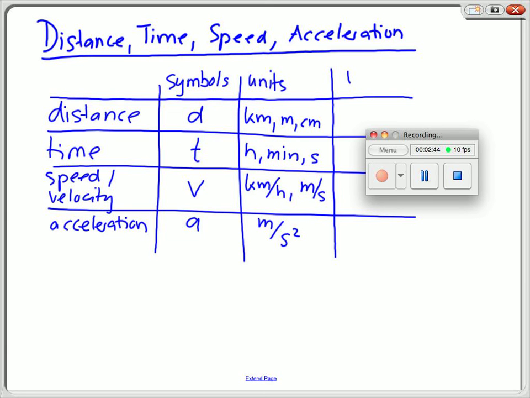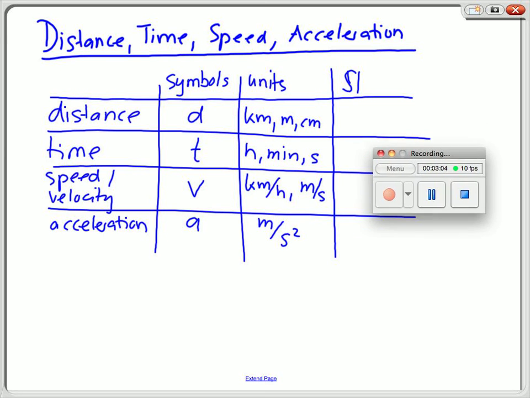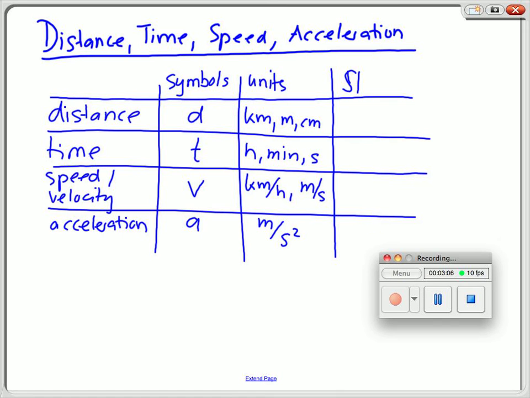There's something known as the SI unit. The SI unit is the Système International, the International System Unit. These are units that scientists agreed on using all over the globe, and the idea is that it's easier to communicate with each other. So this is how it works. The SI unit for distance in physics would be the meter.